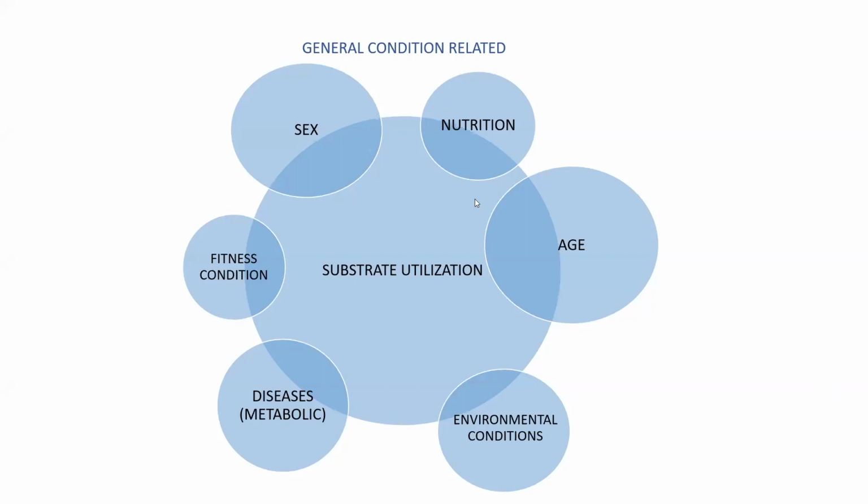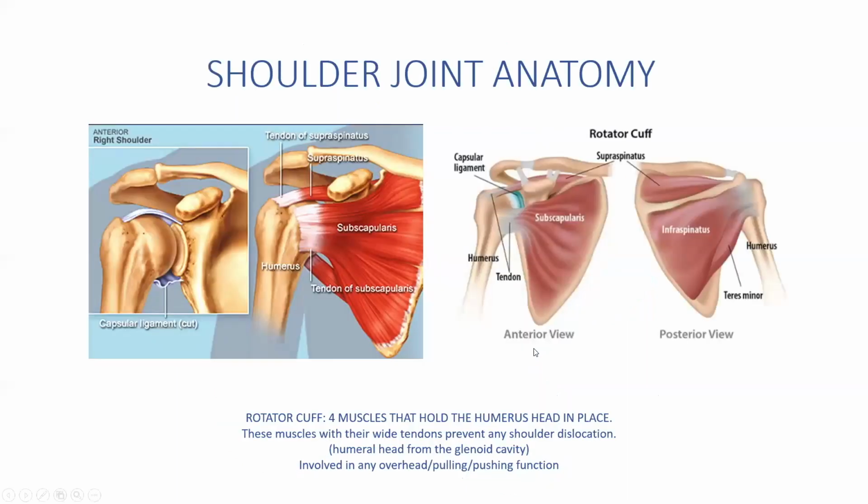Okay, so after these basic notions that we went through, we're gonna speak about something more specific, and that's the shoulder joint for today. So what do we know about the shoulder joint?